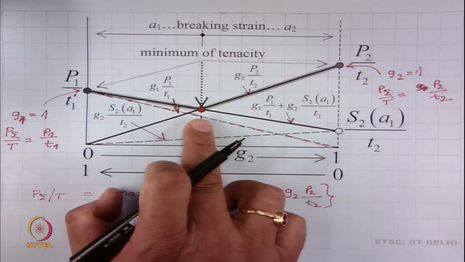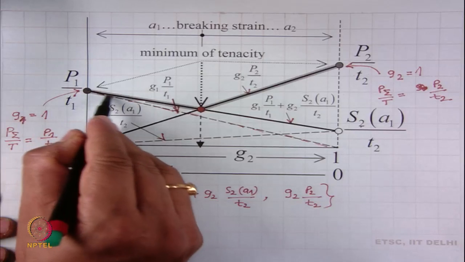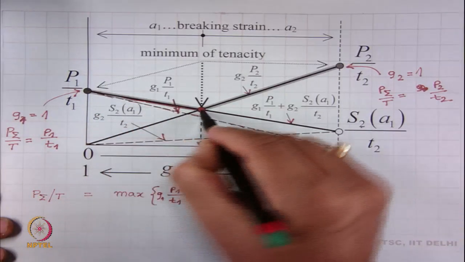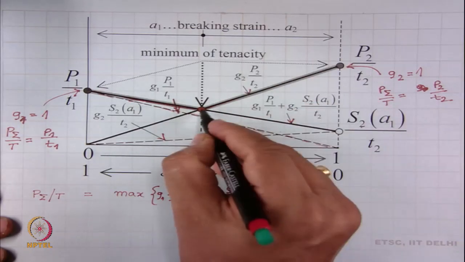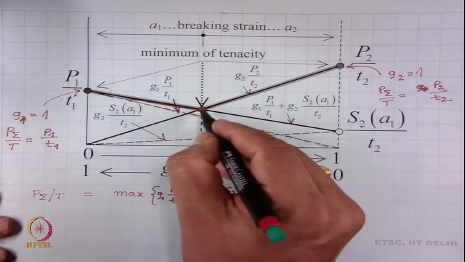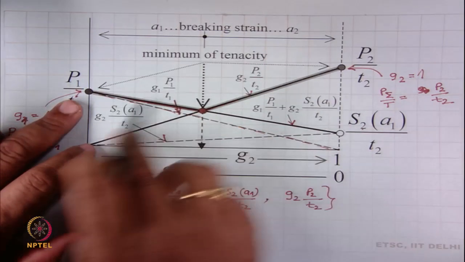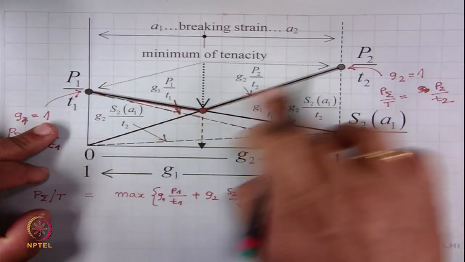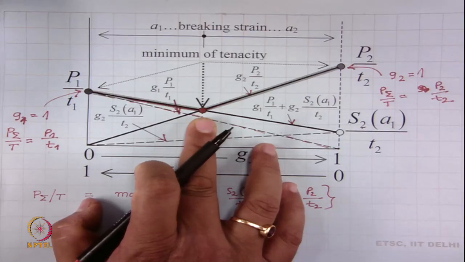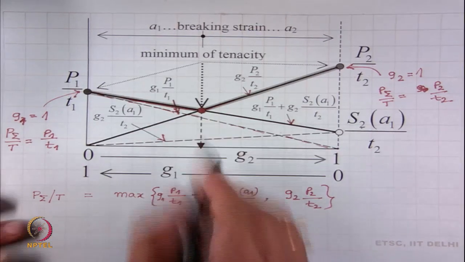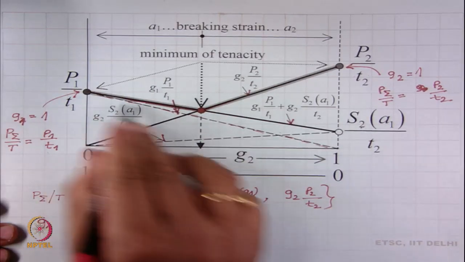These 2 points are easy, but the worst point is this. How will you find out the bundle tenacity at this point? So, the tensile behavior of the bundle is this, and then it increases. At any cost we must avoid this blend ratio. So, this point is basically the intersection of 2 lines, this line and this line. That means, how will you find out this point? So, G1 is this line.